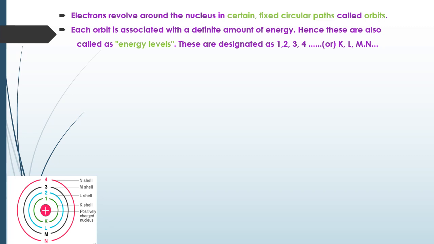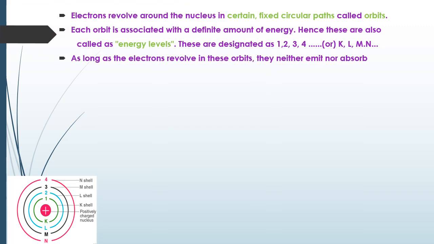These levels are designated as 1, 2, 3, 4 or K, L, M, N. While staying in an orbit, an electron cannot lose or gain energy. That's the reason these orbits are known as stationary orbits or stable orbits.